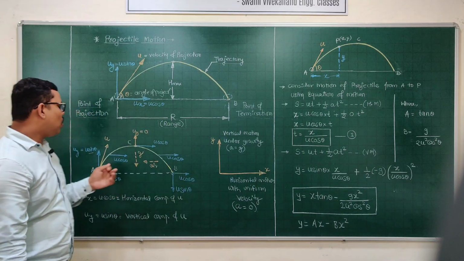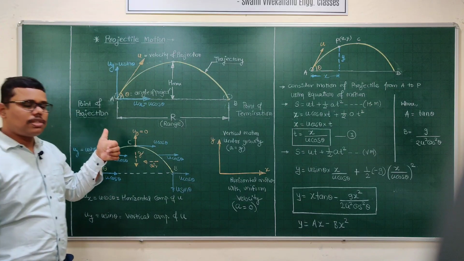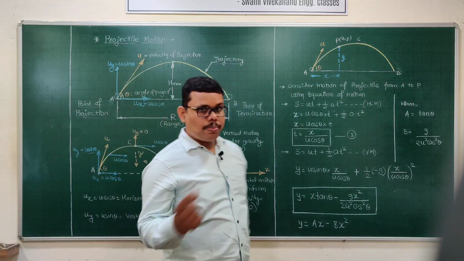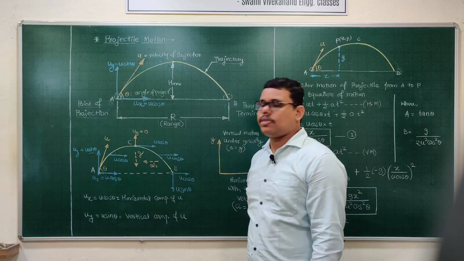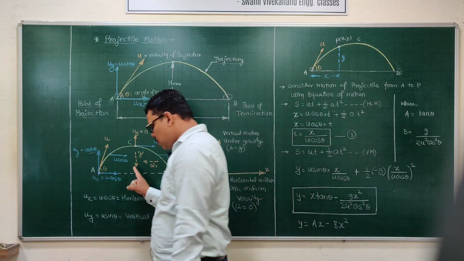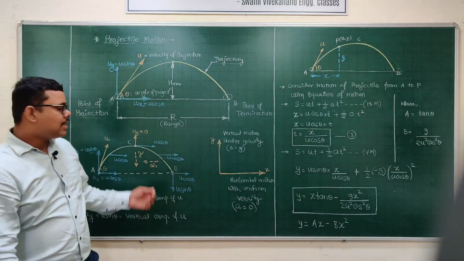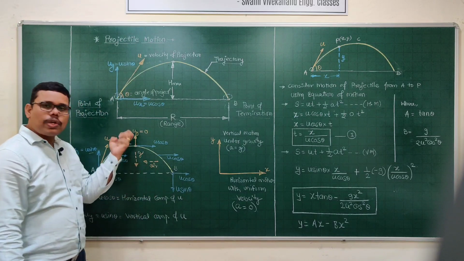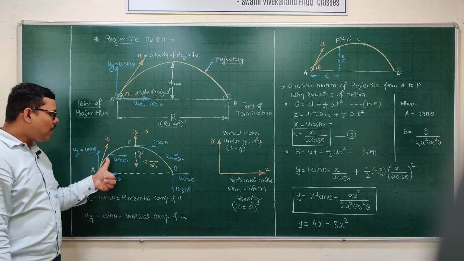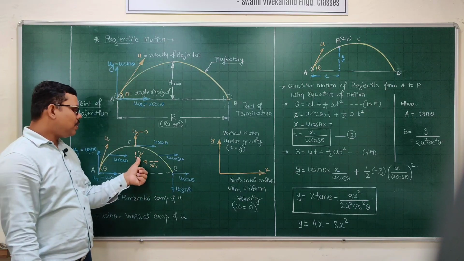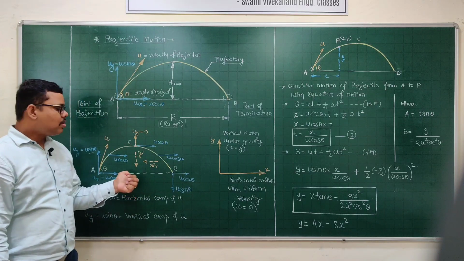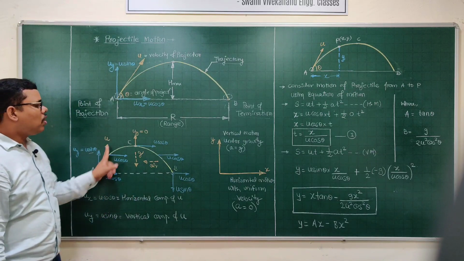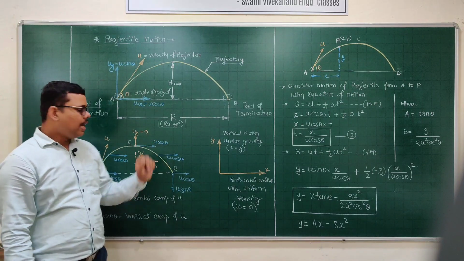So the magnitude of the vertical component of velocity will change point to point along the trajectory of the projectile. This change happens due to what? Acceleration due to gravity. Here the Earth will pull the object. That means the object is trying to move upward and acceleration due to gravity is downward. So that's why the vertical component of velocity keeps on changing.